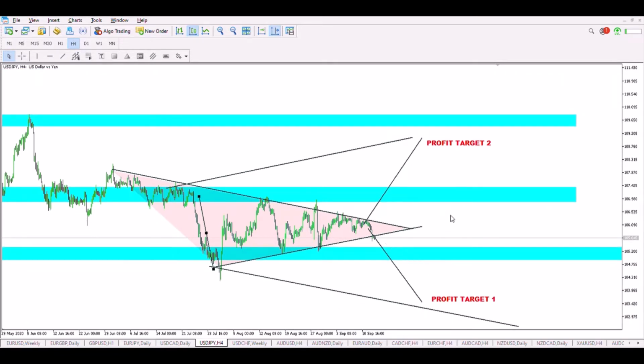But how do we know this? How can we trade this? I will share with you guys. Okay, so you need 5 waves in this pattern. Let's say 1, 2, 3, 4, 5, and usually on the 6th wave it breaks the triangle pattern.